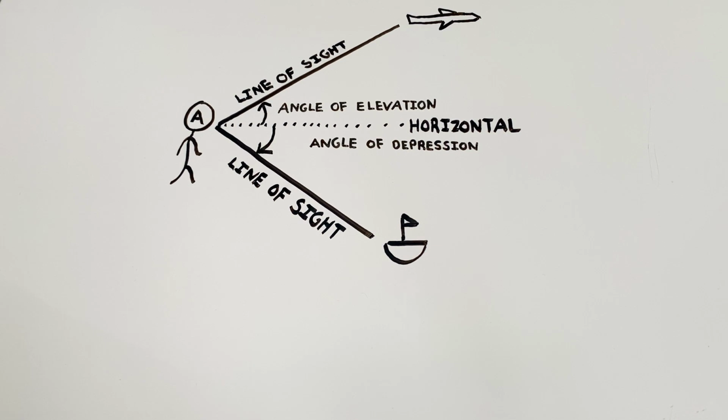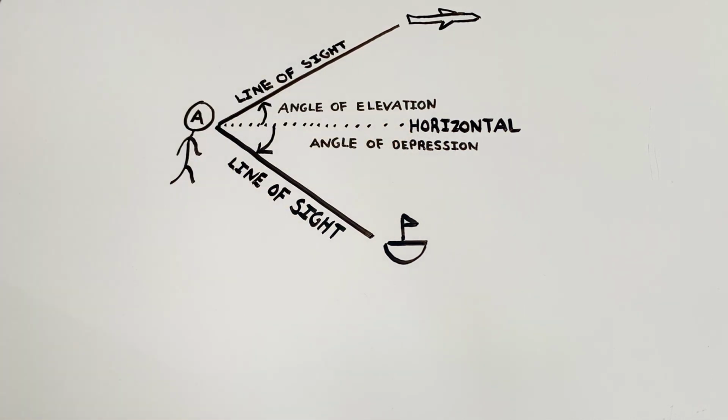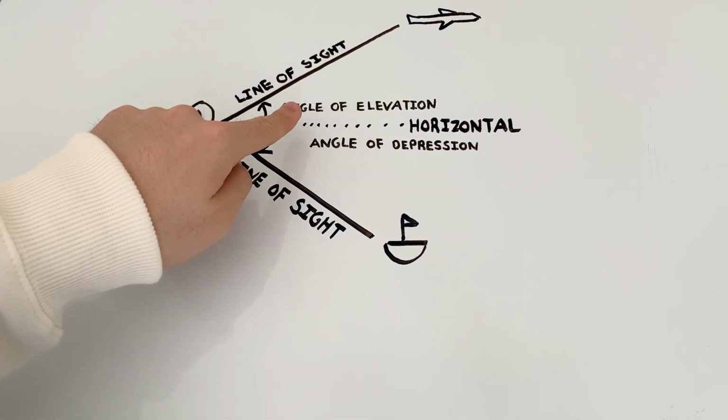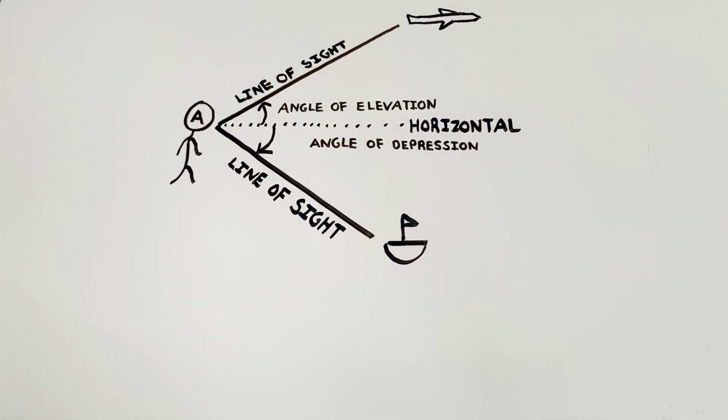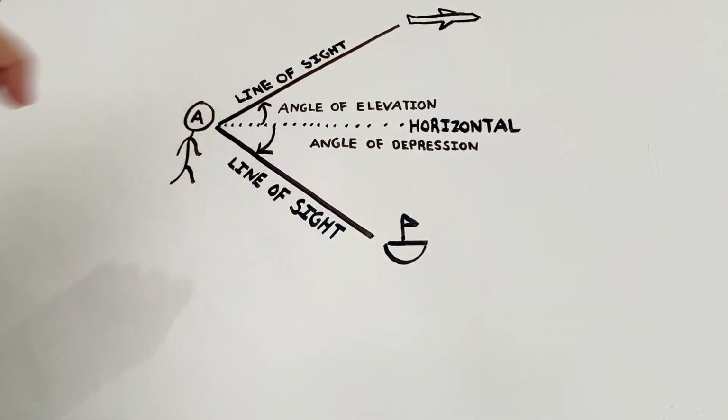Whenever A observes an object above, such as this plane, the angle between the line of sight and the horizontal is called the angle of elevation of the object from A. Okay, so this little angle over here, that's called the angle of elevation.